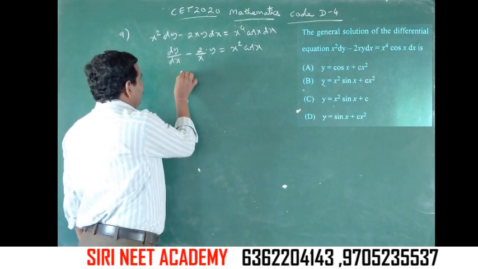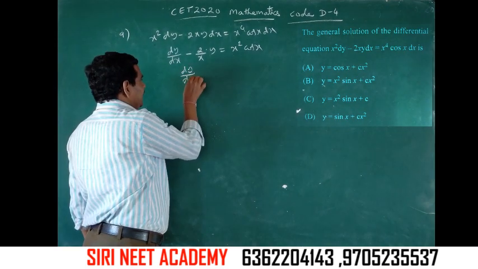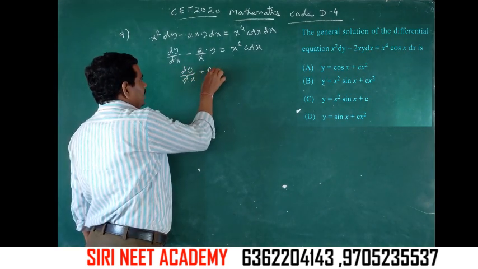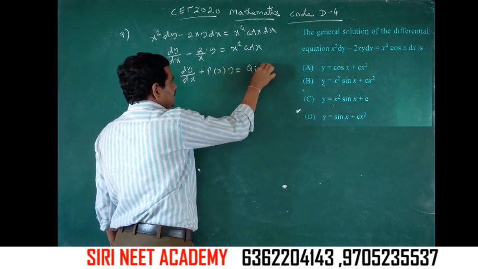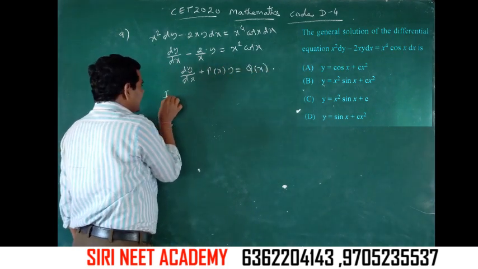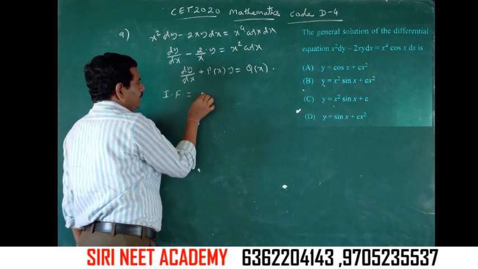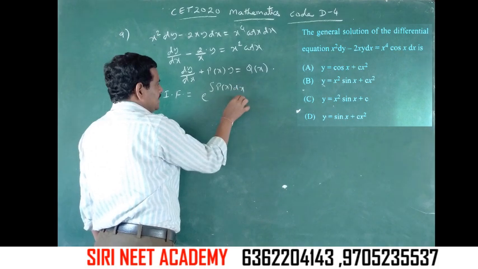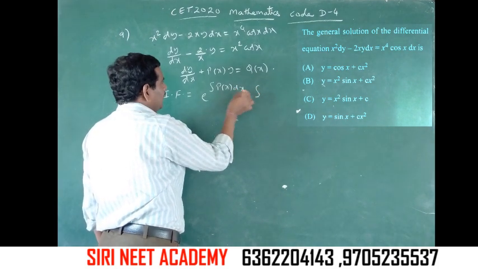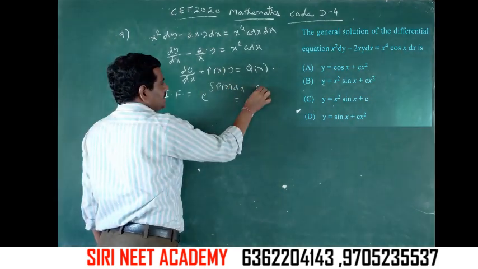So these are of the form dy by dx plus p of x into y is equal to q of x. So integrating factor e power integral p of x dx, where p of x is minus 2 by x.